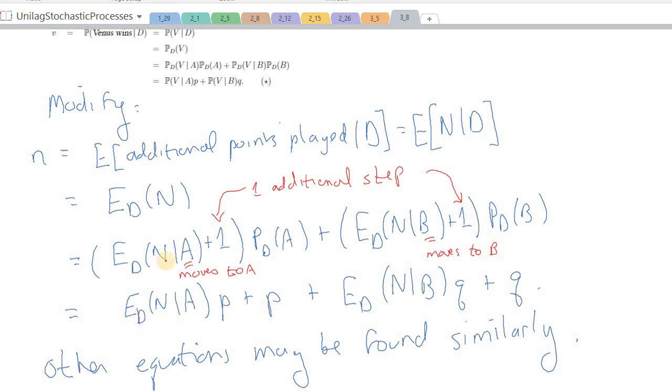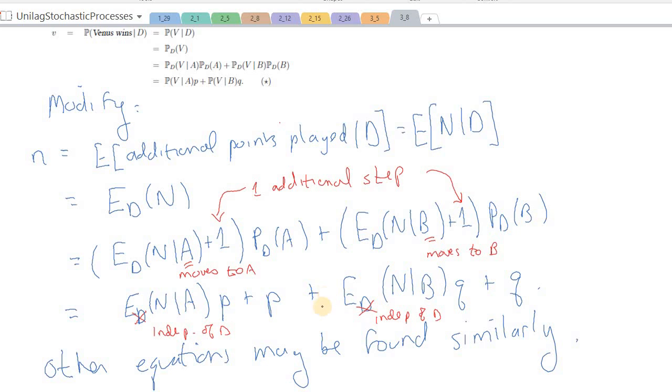Now, just as before, I don't need the D here. I can remove the D because this expectation only depends on the fact that I'm at A, and this expectation only depends on the fact that I'm at B. So this is independent of D, and this is independent of D, so I don't need to include those.